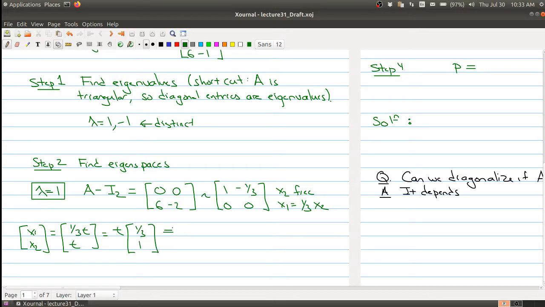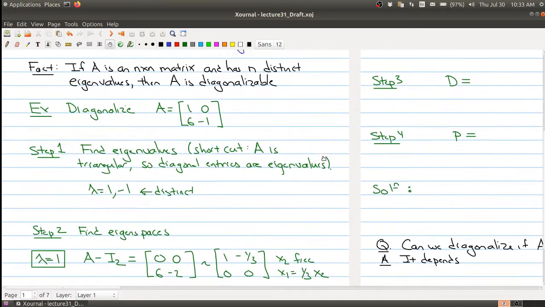And so now I can write out my eigenspace of lambda equals 1 as a span. It's the span of the vector (1/3, 1). Okay, so we need this information: the basis of the eigenspace corresponding to lambda equals 1.